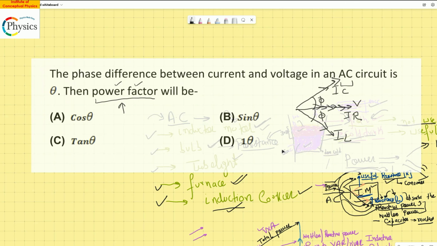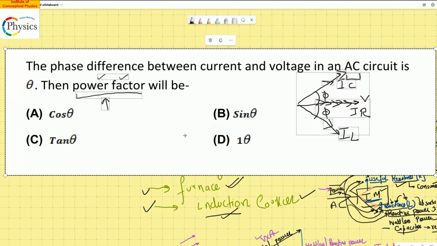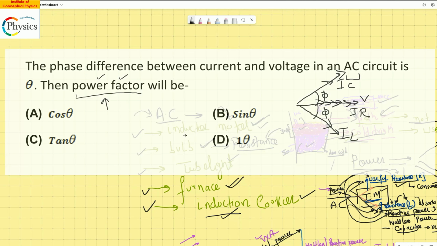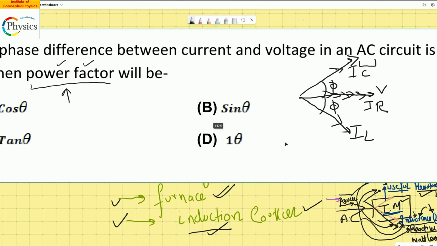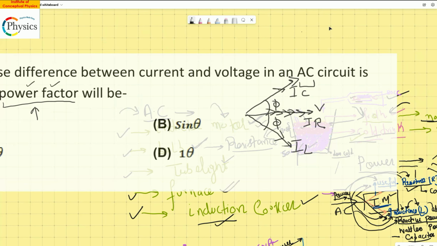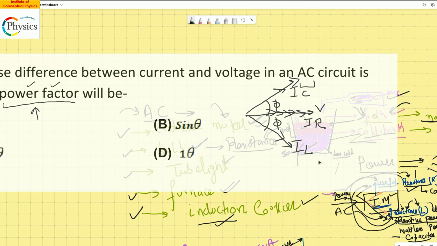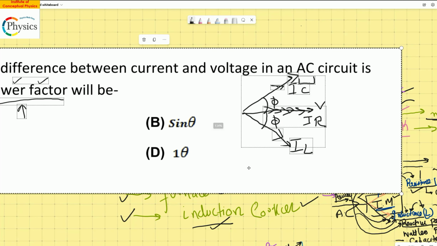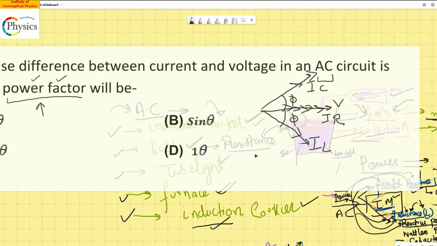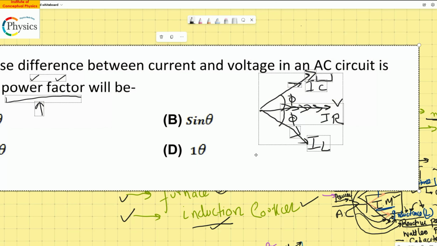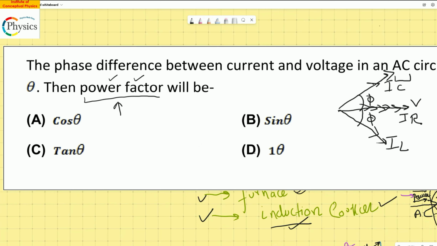Then what will be the power factor? You know that this angle which is between current and the voltage is a very deciding type of angle, right? It decides quite a lot. You see this particular angle, the one which is being drawn here, this angle has tremendous power.